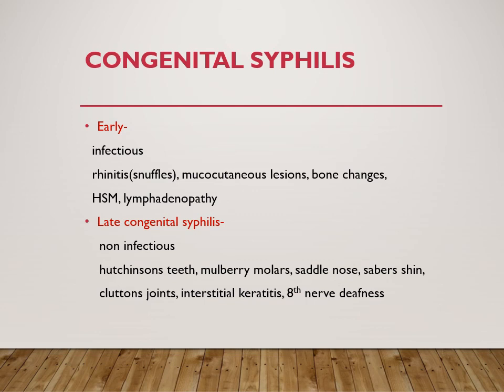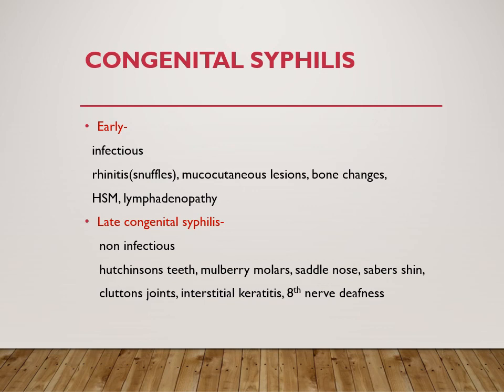Then the other infection is congenital syphilis. In congenital syphilis, early syphilis is there, so the child will have snuffles. That term is used. They have rhinitis. Mucocutaneous lesions are there. Bone changes, hepatosplenomegaly, lymphadenopathy.